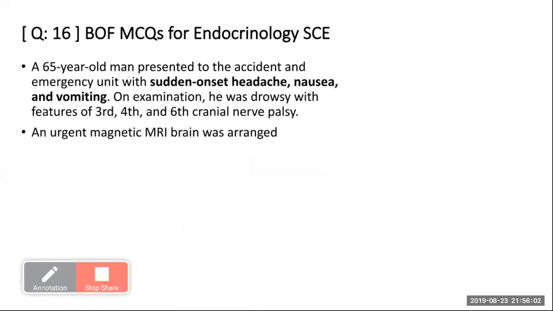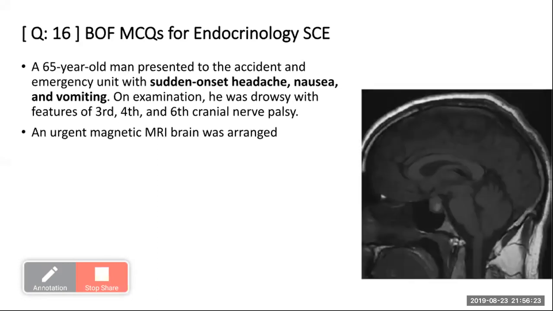Okay. This is a 65-year-old man presented to the accident and emergency unit with sudden onset headache, nausea, and vomiting. On examination, he was drowsy with features of third, fourth, and fifth cranial nerve palsy. An urgent MRI brain was done. What do you think about this image?